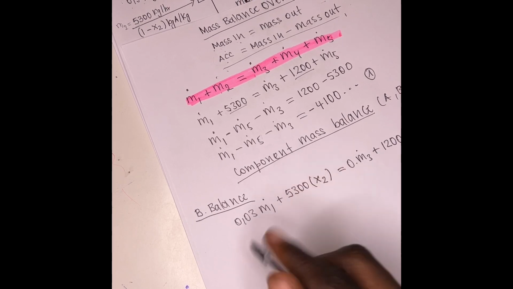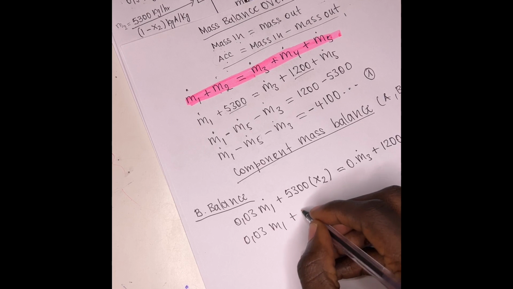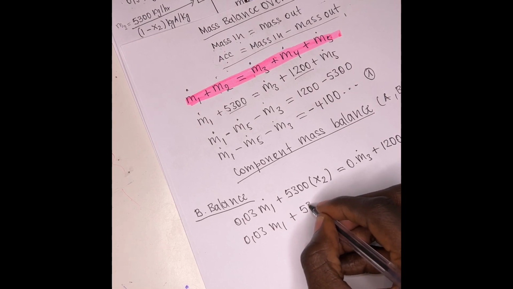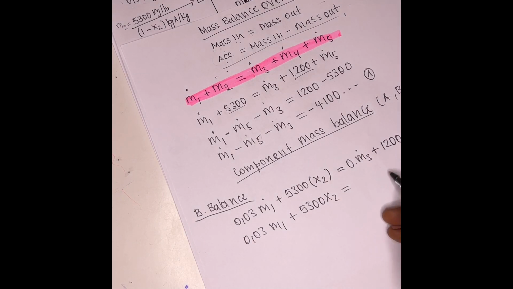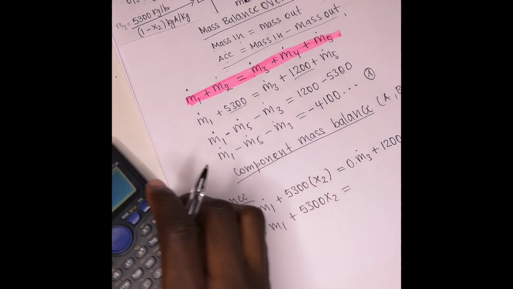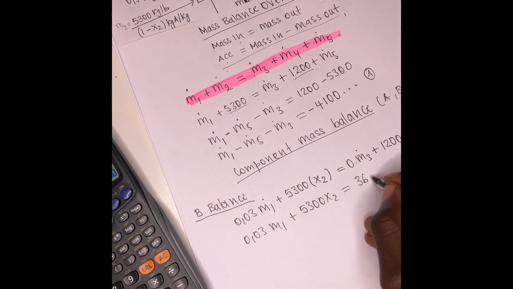You're just going to have 0.03 M1 plus 5,300 X2. The 0 is gone. So this also, if you want, guys, you can multiply by 1,000 times 0.03. You're just going to have 30 like this.